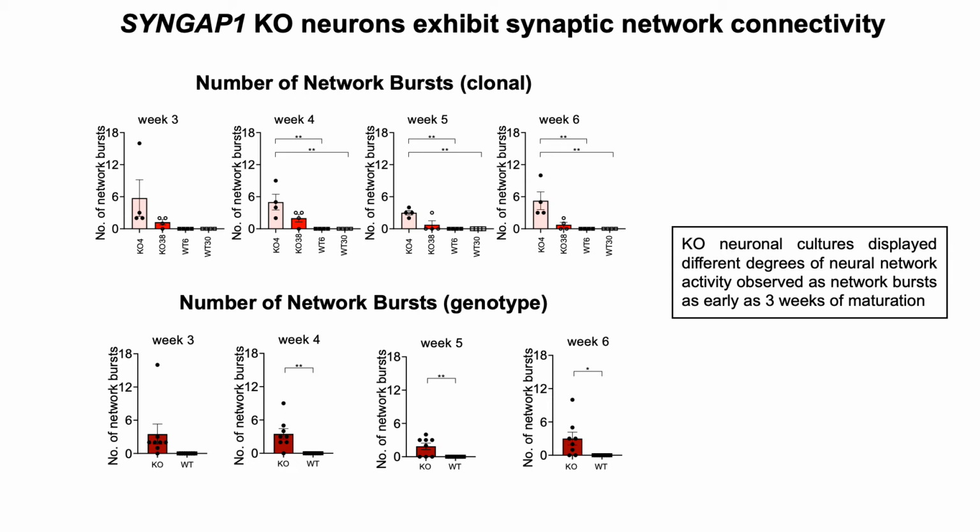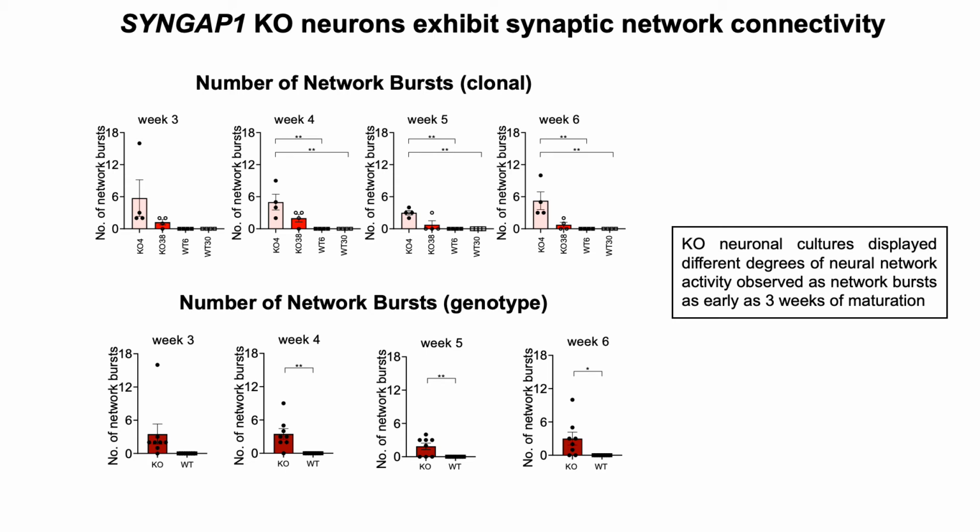Next, I also quantified the network burst to quantify the synaptic connectivity. These are again the cumulative plots of the average number of bursts for all the clones individually and then grouped together by genotype.